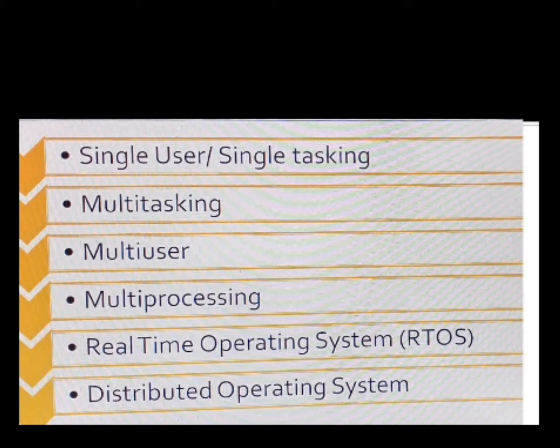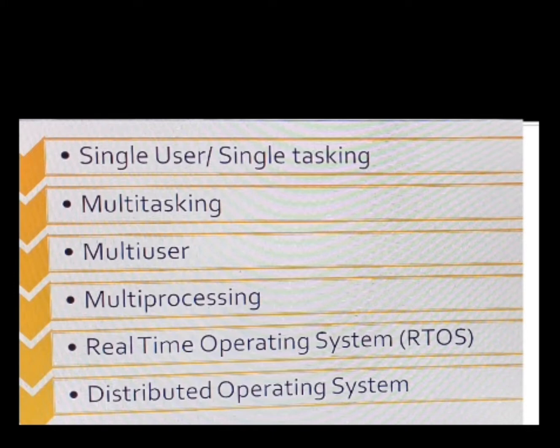Next, we have multi-user. A multi-user operating system enables two or more users to run a program simultaneously. Here you can consider the examples of networks, servers, mainframes, and supercomputers which allow hundreds of users to connect at the same time. Multiprocessing operating systems can support two or more processors that run programs at the same time.